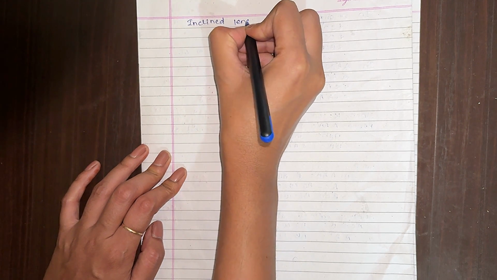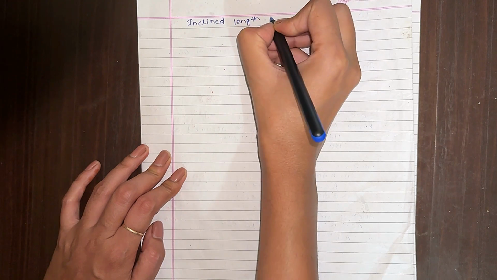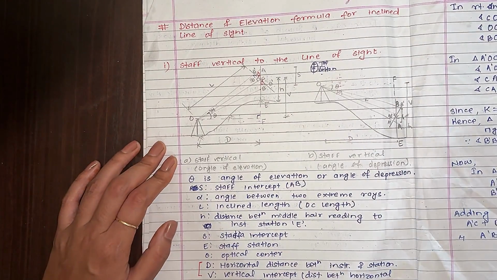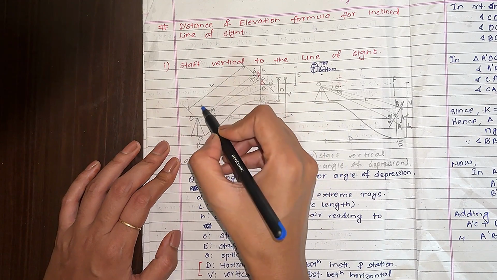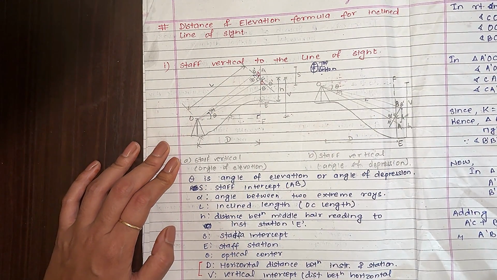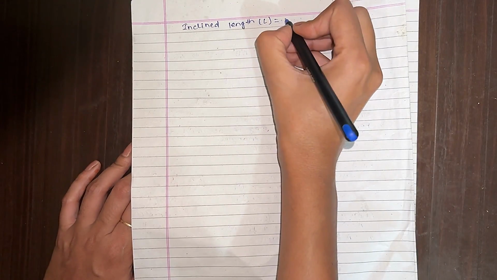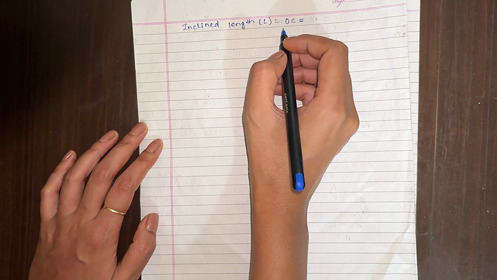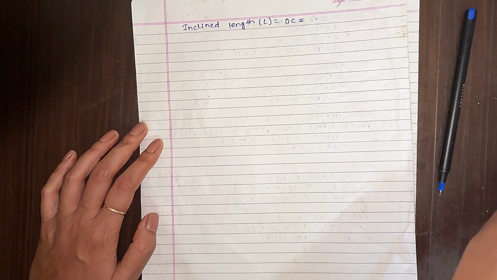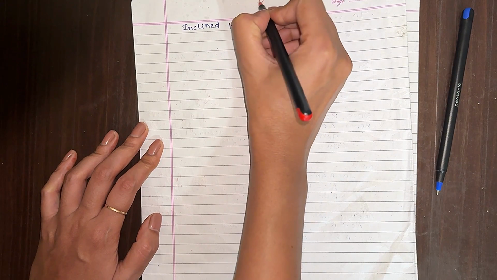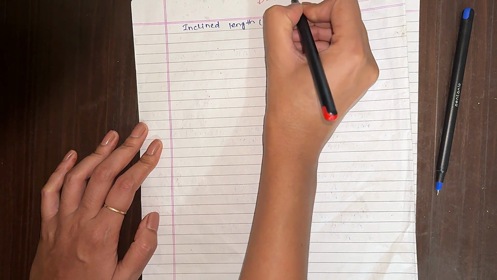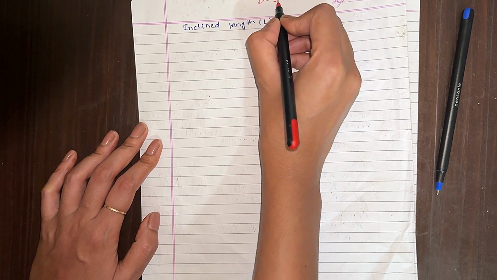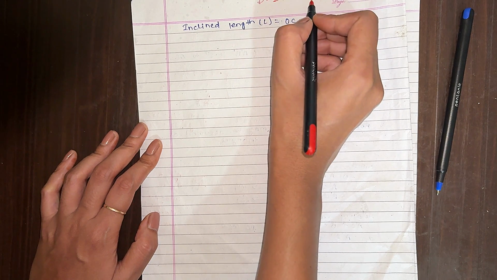Inclined length L is equal to, here the inclined length L is OC. In the previous theory we have inclined length or any horizontal distance D is equal to KS plus C, where S is the stadia intercept, K is the multiplying constant and C is the additive constant.